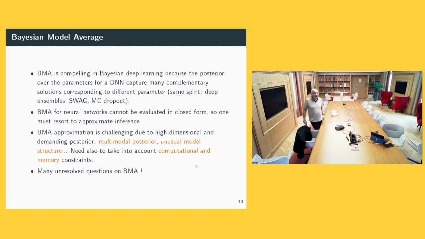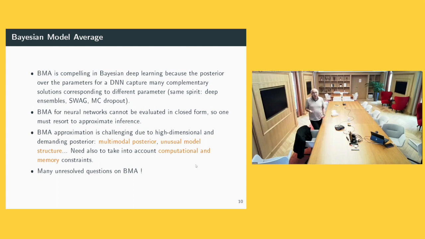You have all these techniques related to SWAG, and it's the same for MC dropout. MC dropout has a very specific flavor. It's not very well known, but Monte Carlo dropout is also a way to obtain sets of parameters.